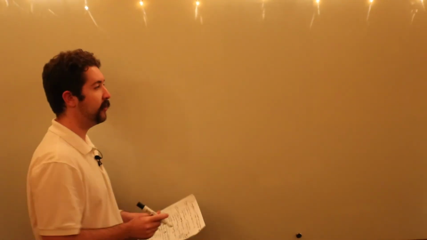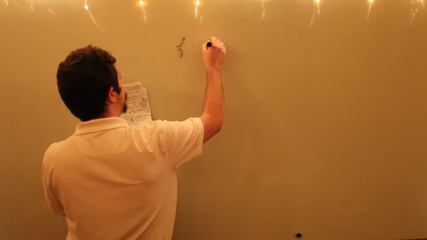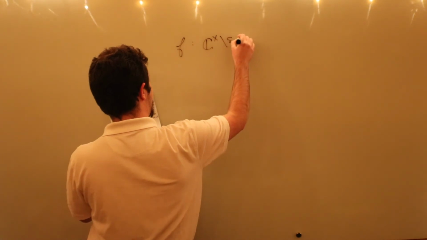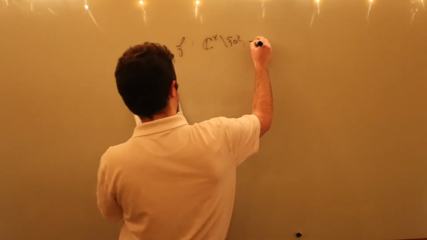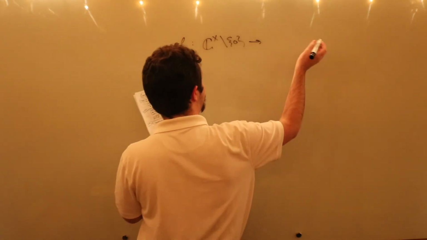For our last example of the first isomorphism theorem, let's consider the map we once considered before from the multiplicative complex numbers, excluding the origin, to the strictly positive multiplicative real numbers.